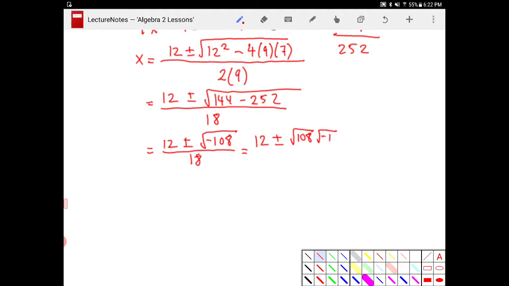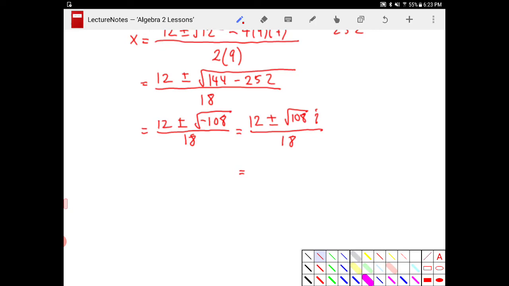But like I said before, square root of negative 1, there's a simpler notation. That's just i. And this is over 18. Now the operation in between here is multiplication. So therefore, I need to simplify the 108.